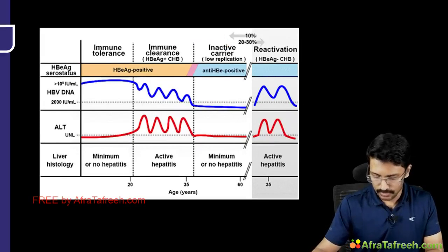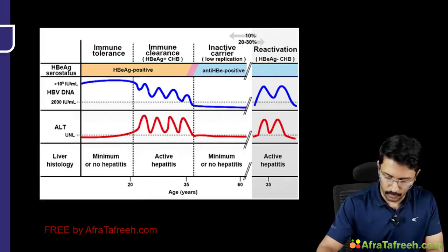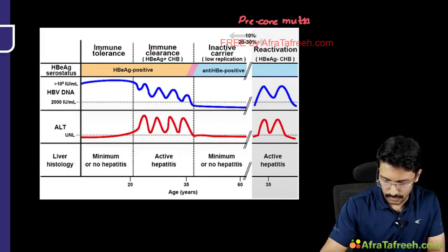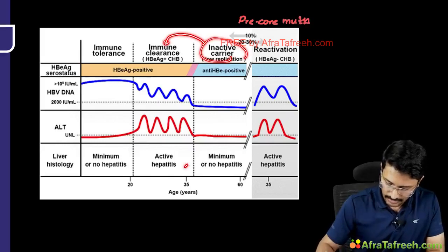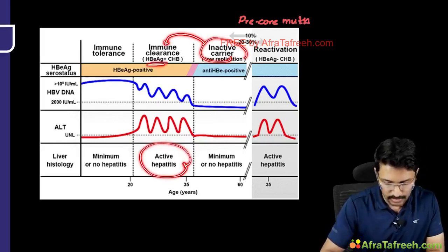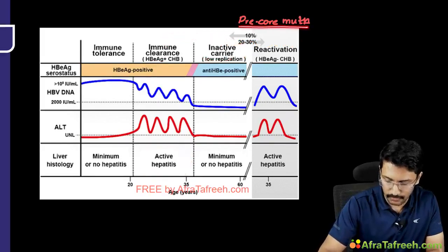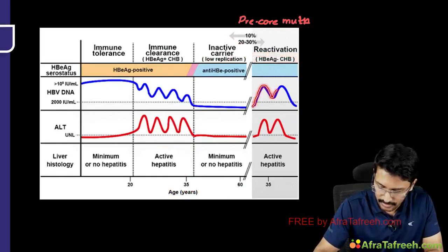reactivation. Okay. Now what is reactivation? Basically, the viruses will escape. They develop what is called as pre-core mutation. See, the fate of this inactive carrier is either he can become a chronic active hepatitis with HBeAg positive status, or he can even develop a pre-core mutation of the virus and thus lead to what is called as reactivation or HBeAg negative chronic hepatitis B. So again, in both these cases, there will be increased replication again.